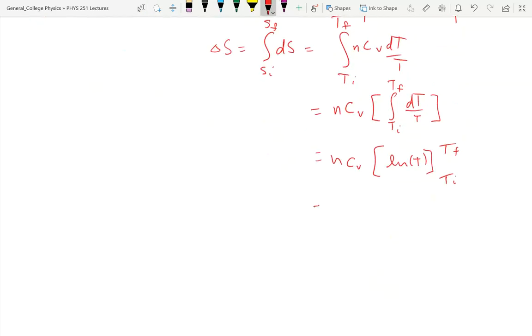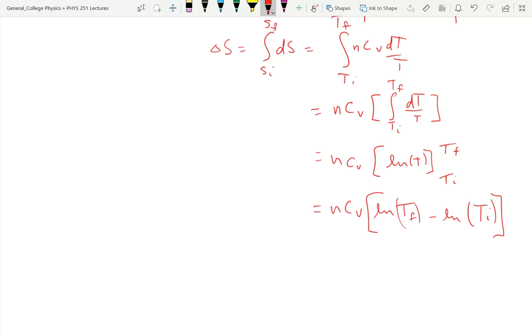So plugging in my limits, each calculation by itself is illegal. You can't do the natural log of temperature final because you can't do the natural log of something with units. But if you combine the two, it becomes legal, which is good.